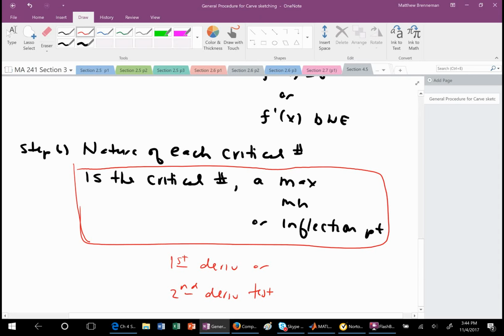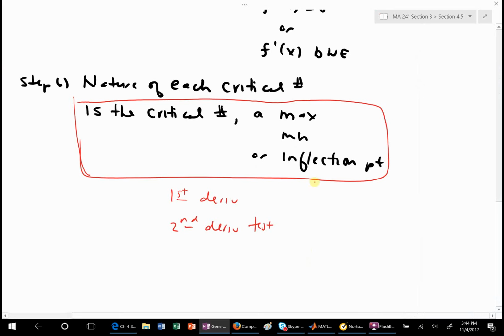The first derivative test has the advantage that it will always give you a positive result. It will always tell you what the critical number is, okay? If you look at the pros and cons, the pros of the first derivative test is you always get a definite answer.